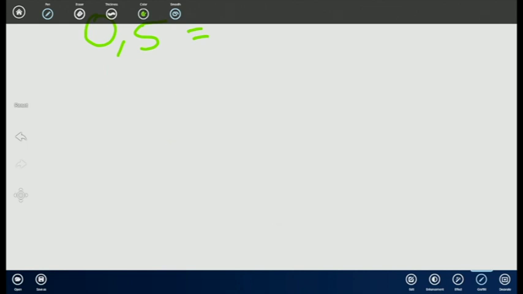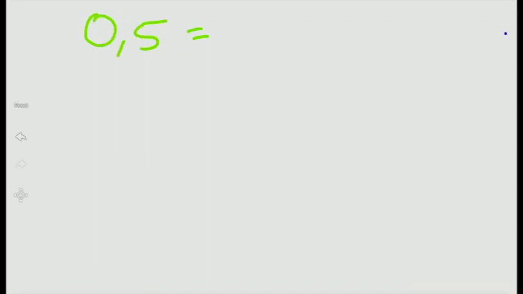I want to give you examples of fractions that have been converted to sector sizes. Let's say you are given a decimal fraction, 0.5. You have to convert 0.5 into a proper fraction, a common fraction.